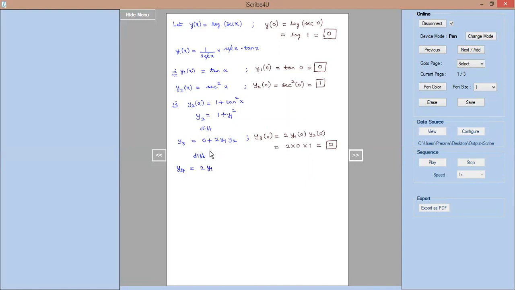So first I will write y1 as it is, differentiation of y2 will be y3, plus I will retain 2y2 as it is, differentiation of y1 will be y2. So this can be rewritten as 2 into y1 into y3 plus 2 into y2 square.